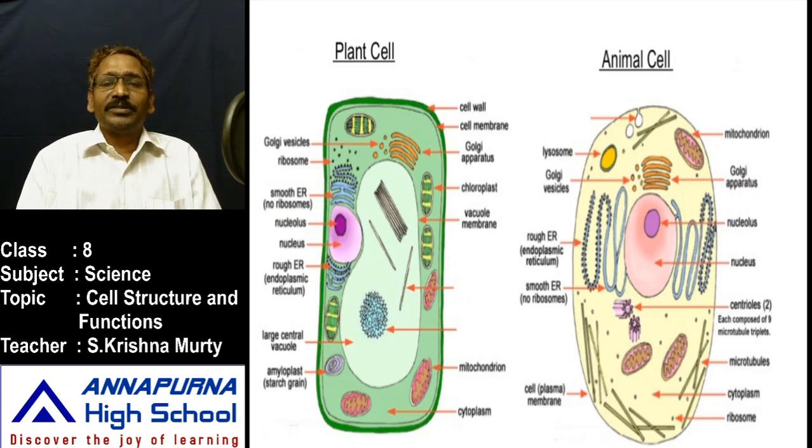Another important point is that the plasma membrane lies between the nucleus and the cell wall in a plant cell. The second important one is the cytoplasm.